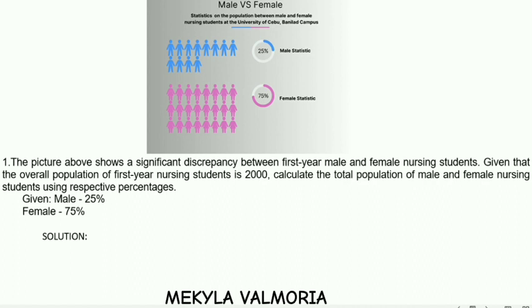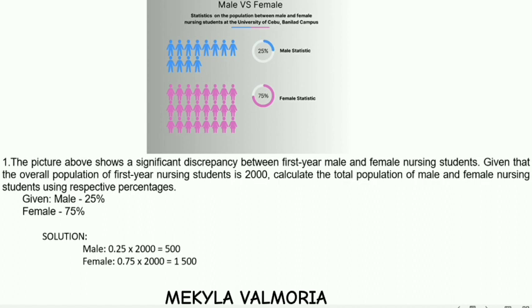So the solution is first we have to convert the percentage into decimals. So 0.25 times 2000 equals 500. So that's the total of male nursing students.